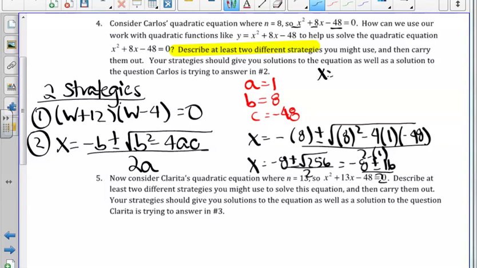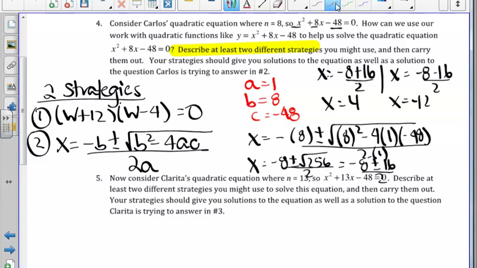Therefore, we have two equations, x equals -8 plus 16 divided by 2, and x equals -8 minus 16 divided by 2. So our solutions will be x equals 4 or x equals -12.